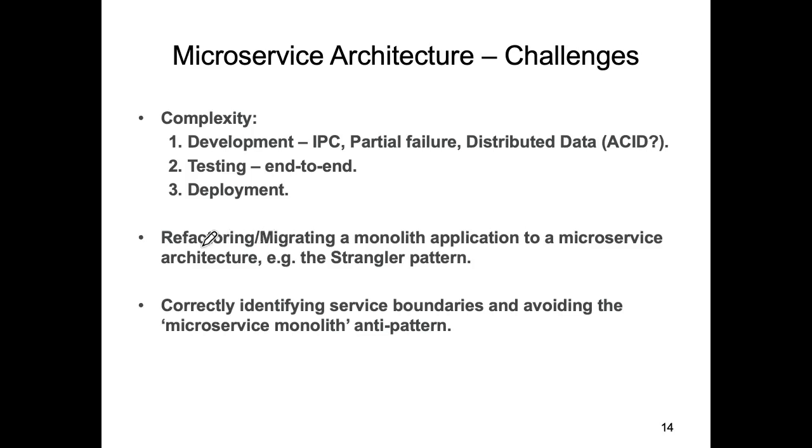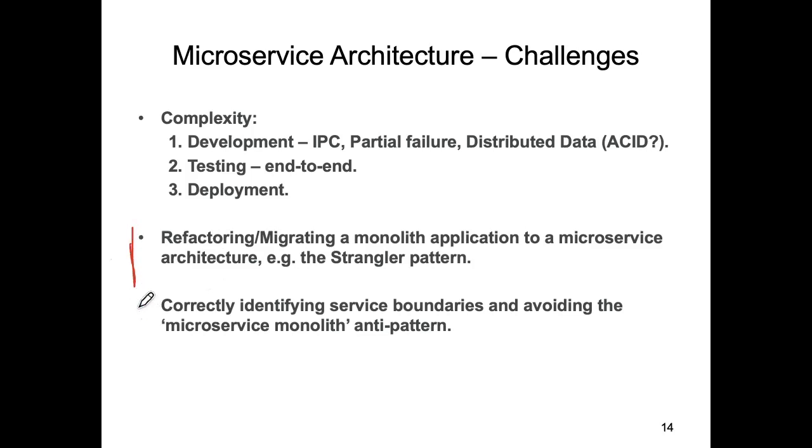So there's refactoring. Now, there are strategies available to us today. A very popular one is called the strangler pattern, or the strangler strategy, as to how you go about that. But again, in the early days of the microservices architecture, once it started to become popular, this was one of the issues that software houses were trying to address.